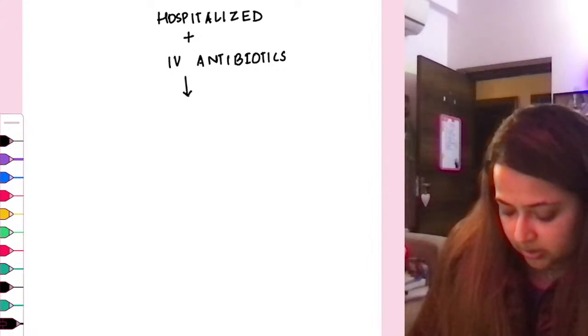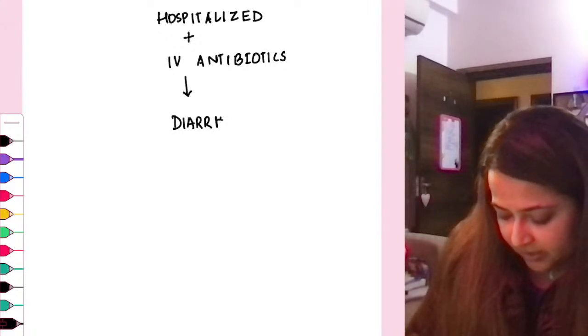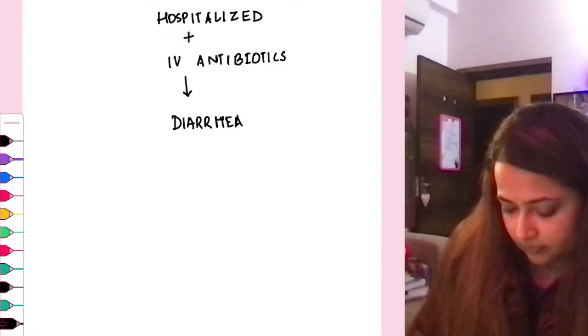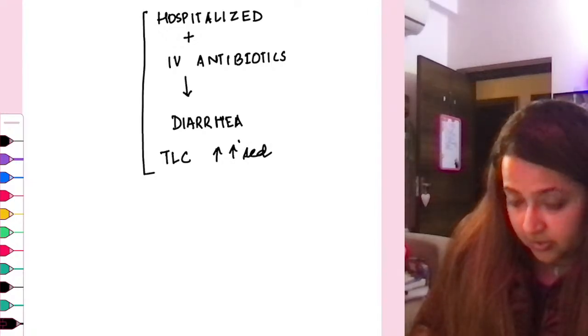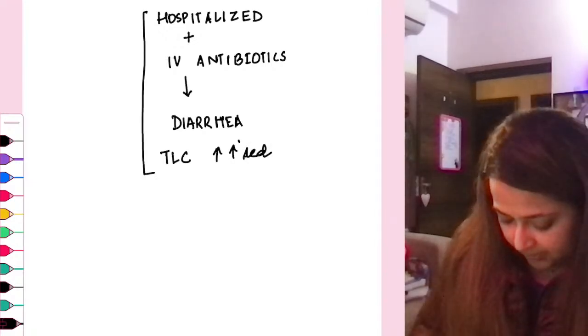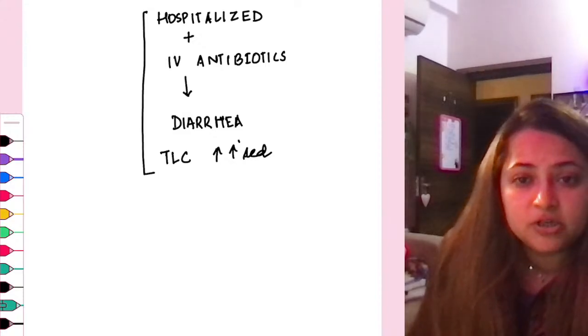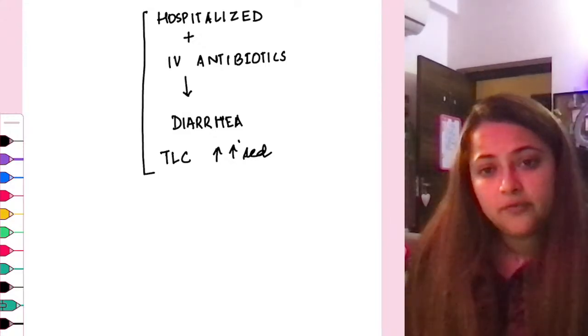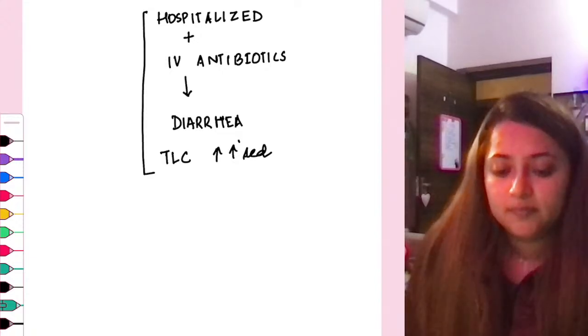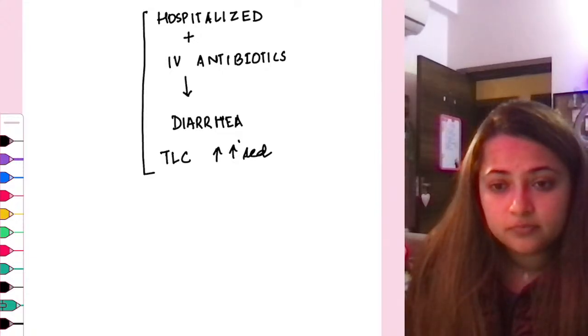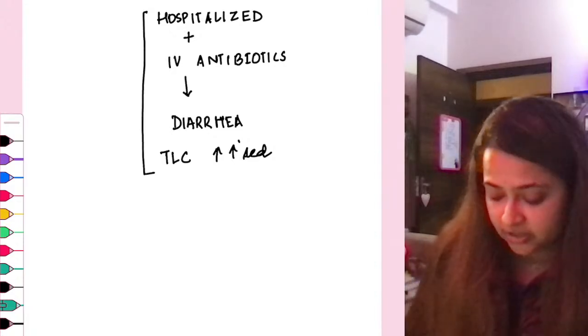Now the patient develops diarrhea, and the TLC count is raised. So this is a typical history for what type of condition? Your answer is pseudomembranous colitis or Clostridium difficile infection.